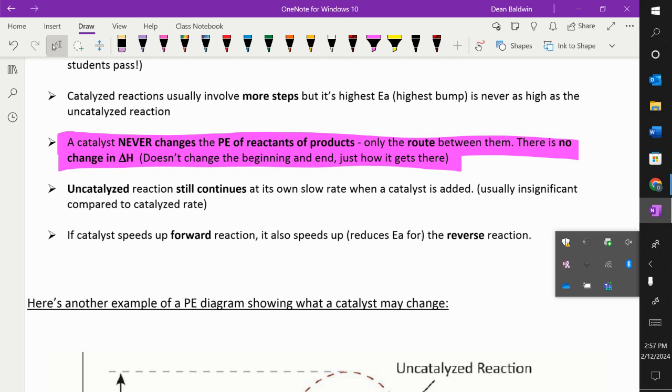So when you add a catalyst, the uncatalyzed reaction is still happening. It's just so slow that it's basically insignificant for us. Because it takes so long compared to the catalyzed reaction, we don't really care about it.